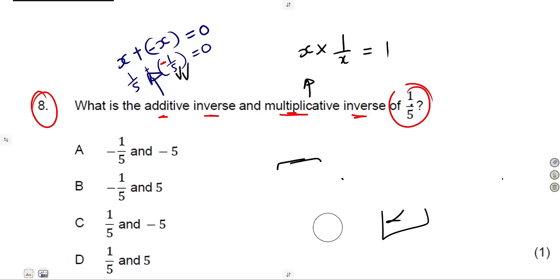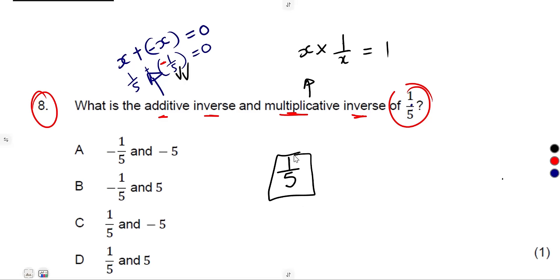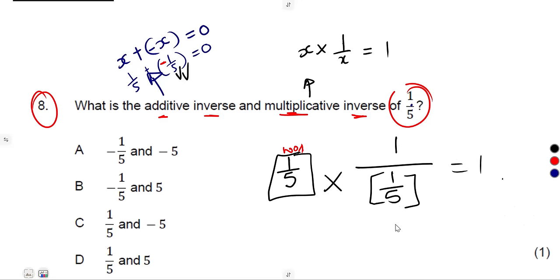In our case, our number is 1 over 5. It must be multiplied to its inverse, 1 over that number, and we must get a 1.